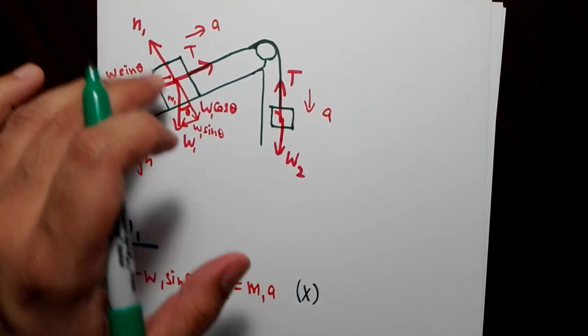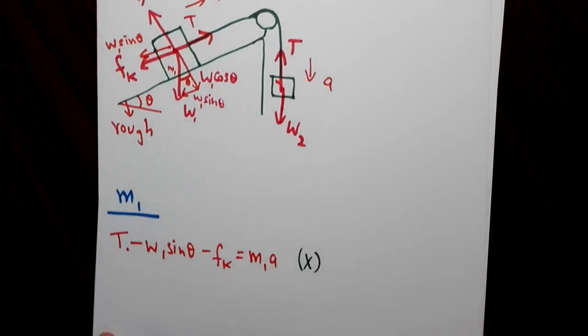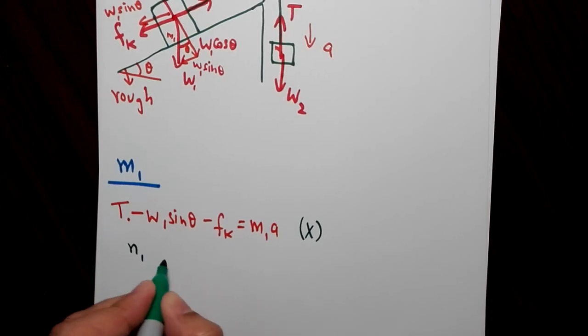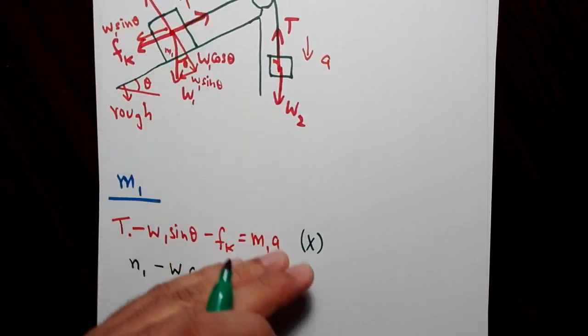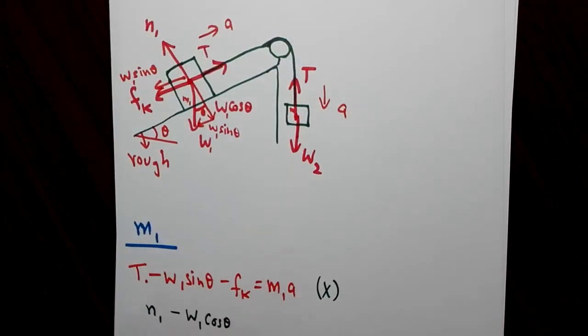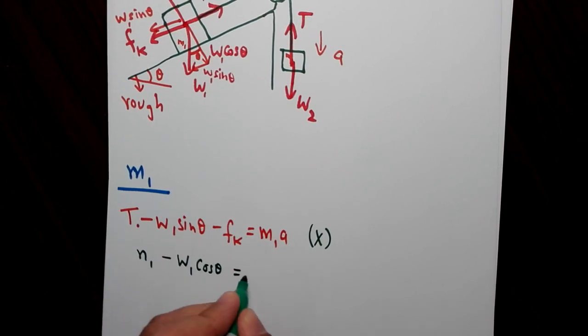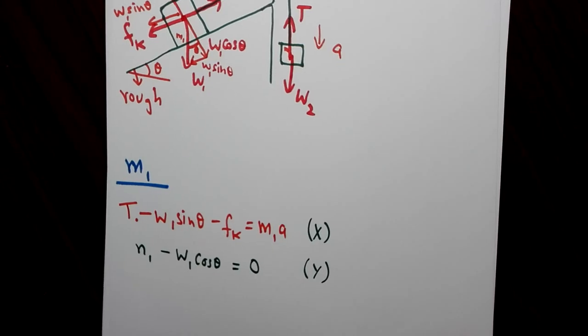And if you want to write the y equation, you get N1 minus W1 cosine theta. Since there's no motion along the y direction, the net force, according to the second law, is 0 in that direction. So this equals 0. This is your y equation. So this is your M1.